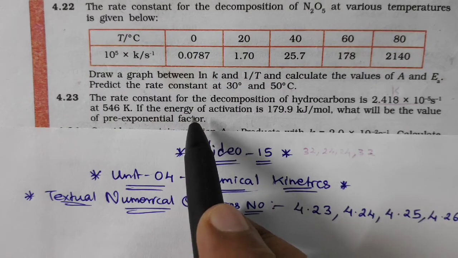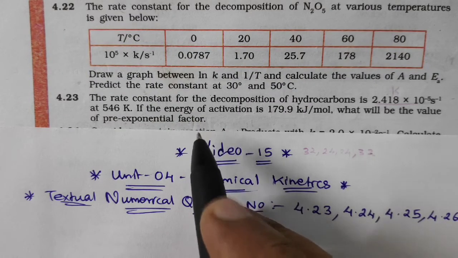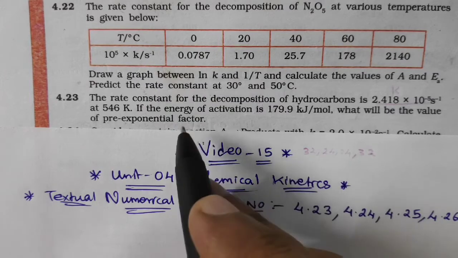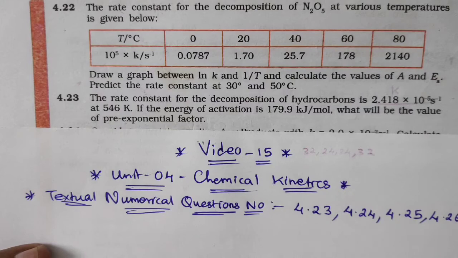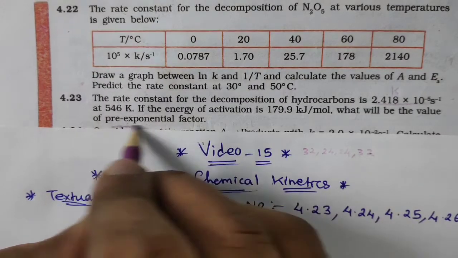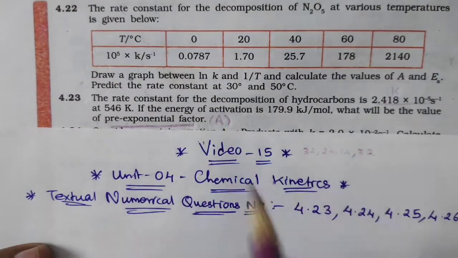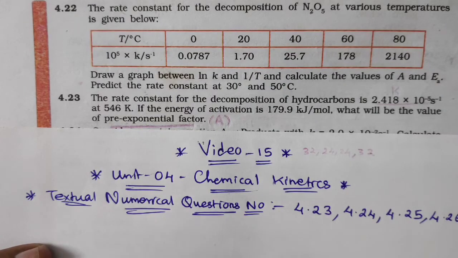Whenever you get the word pre-exponential factor, it means the Arrhenius A value, which we have to find. Remember that.